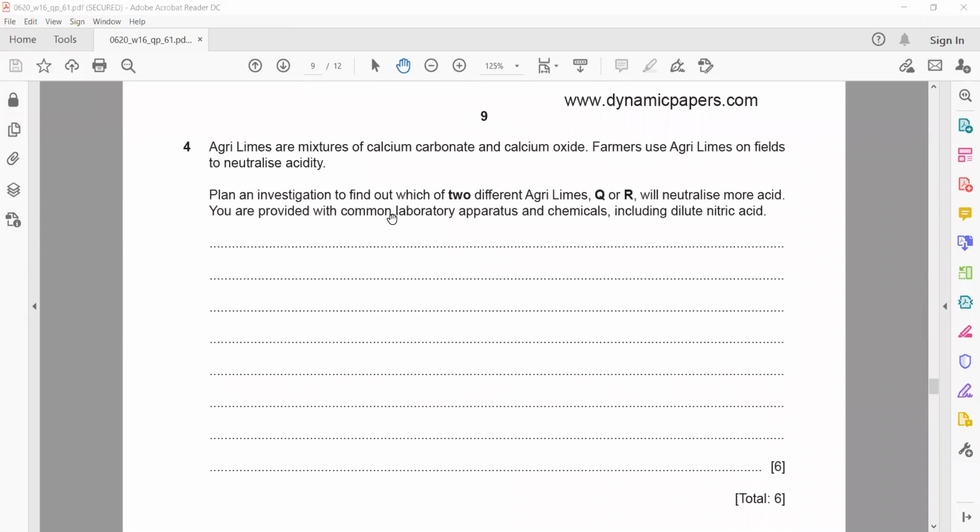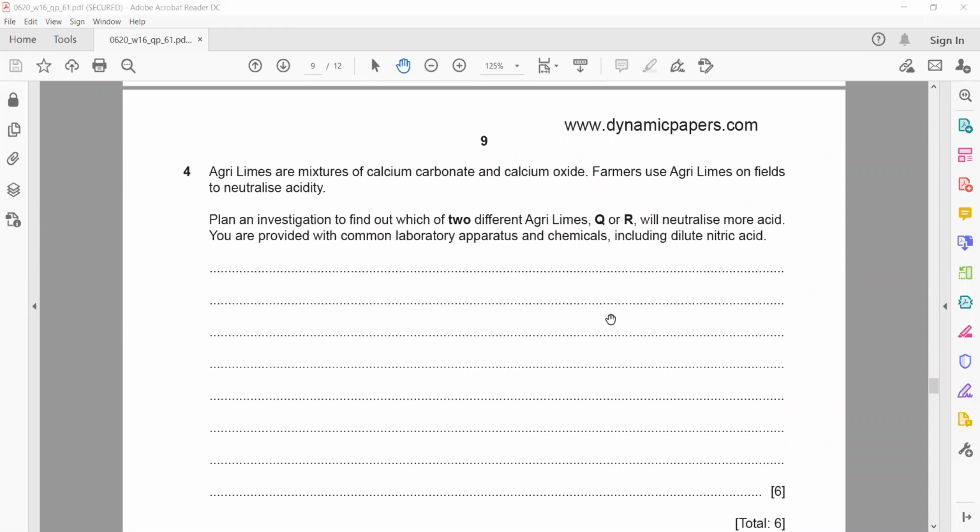Then the last part is the planning of the experiment. We already discussed this, but I will quickly go through. Agri-lime is a mixture of calcium carbonate and calcium oxide. Farmers use agri-lime on the field to neutralize the acidity. Plan an investigation to find which of the two agri-limes, Q and R, neutralizes more acid. So how can you plan this?